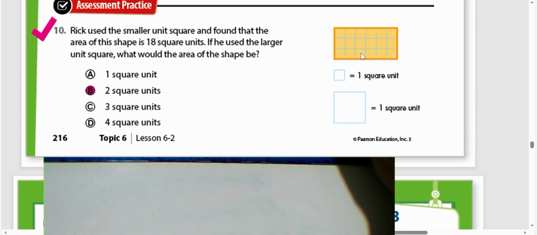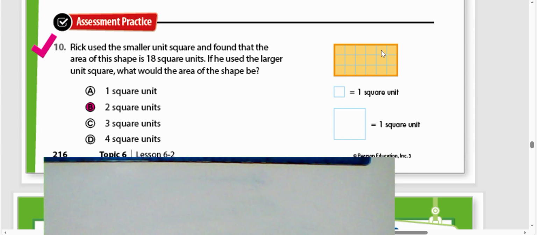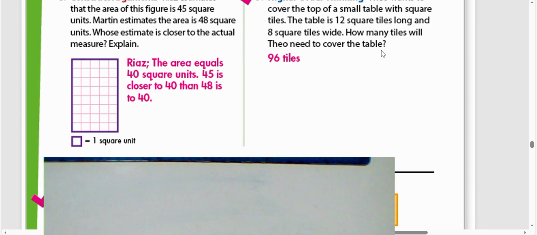The 18 is divided into 2 parts, not 18 now, okay? Understood? So if he asked about small units, the area will be 18, and if he asked about the greater units, the area will be 2 only, because we divided this rectangle into 2 squares.